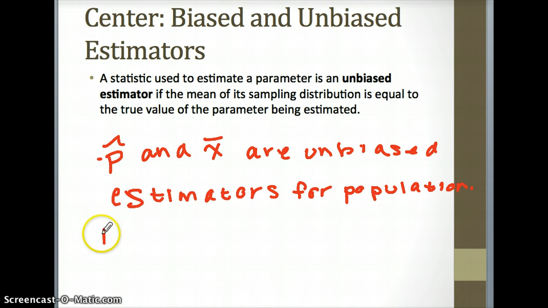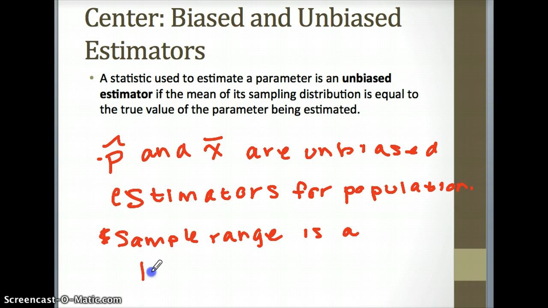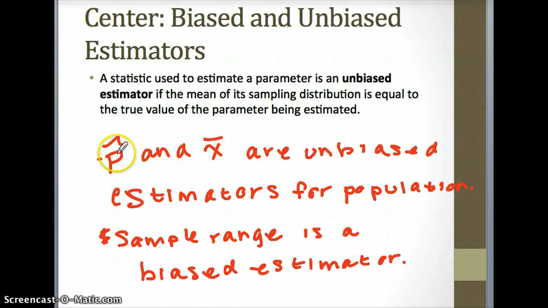So we'll say our sample range is a biased estimator. And the reason is the sample range is often much higher or much lower than your population range. It doesn't come close like your sample proportion and your sample mean. So that creates a problem.